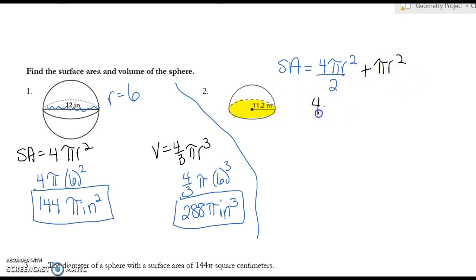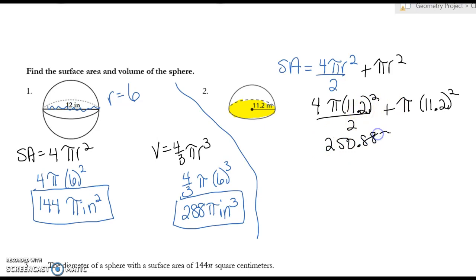Okay, so it'll be 4 pi times 11.2 squared divided by 2 plus pi times 11.2 squared. So that ends up being 2 times 11.2 squared, which is 250.88 pi, plus 11.2 squared, which is 125.44 pi.